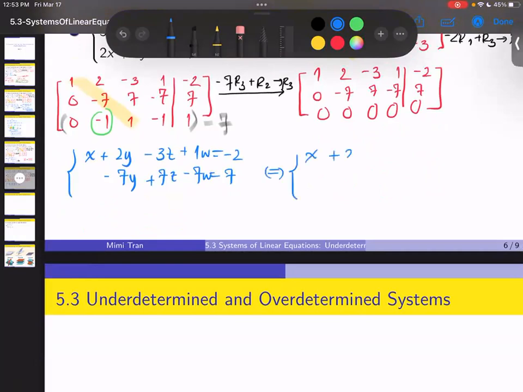Clean this up a little bit. Oh, sorry. When I say clean up, I meant divide both sides by negative 7. So I have y minus z plus w equal negative 1.